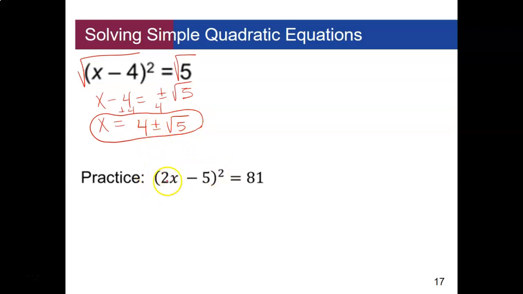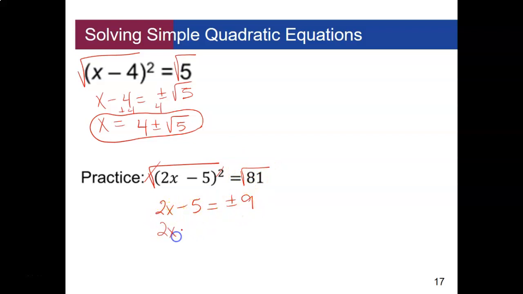On this one, kind of the same situation. If we take the square root of both sides, the square and the square root cancel each other, just as it did up here. So we're going to be left with 2x minus 5, and that's going to be equal to plus or minus the square root of 81, which is 9. And then I have to solve this.